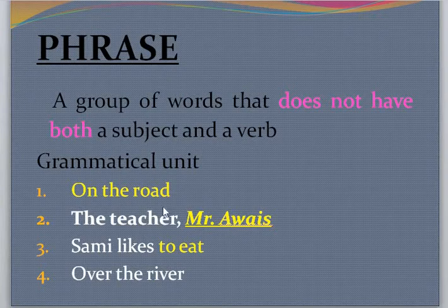Mr. Awaz is a phrase. On the road is a phrase. These are all groups of words which give us meaning but not complete meaning, and these can be called grammatical units, which can be part of a sentence or clause. So these are all phrases.